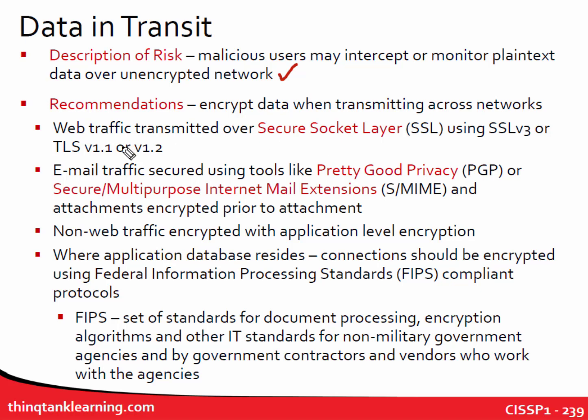For email transmission, we would use public key cryptography for non-repudiation of origin, for confidentiality, as well as message integrity, using tools like Pretty Good Privacy or S/MIME, Secure Multipurpose Internet Mail Extensions, for sending and receiving confidential emails, or at least digitally signing emails, or providing non-repudiation of origin.